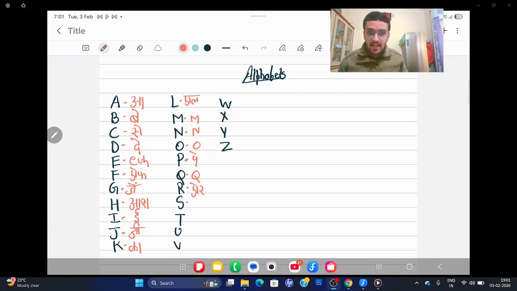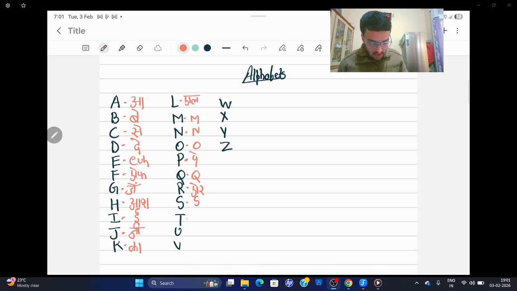S is pronounced as S. T is pronounced as T. U is pronounced as U. V is pronounced as V. W is pronounced as W, written in Devanagari script.